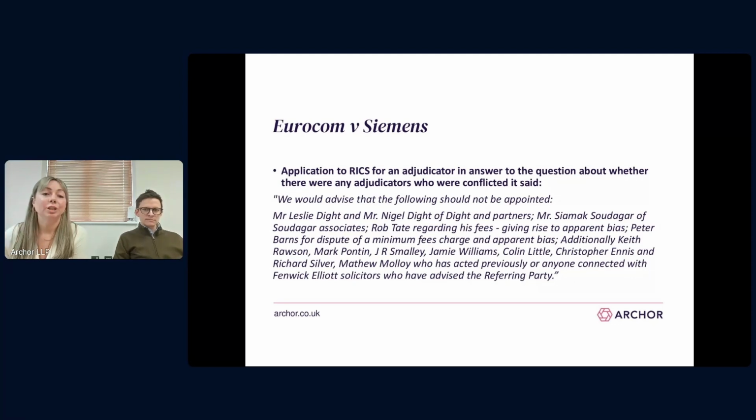In this case, Eurocom made a fraudulent misrepresentation by listing individuals in the RICS application form as having conflicts of interest, when in fact they were just individuals that Eurocom didn't want to be appointed. This false representation was deemed to be fraudulent or reckless, and the court ruled that such conduct amounted to a breach of the implied term, which invalidated the adjudicator's appointment, meaning there was no enforceable decision. So you've just got to apply to a nominating body and get on with it.